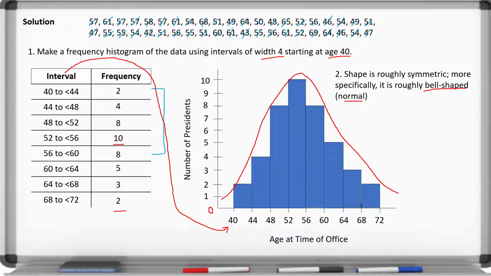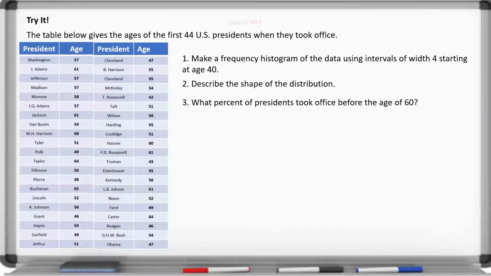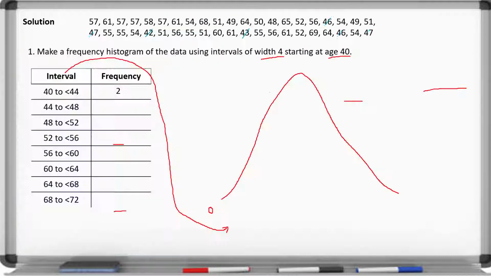All right, for the third part of the question, going back to the original slide, what percent of presidents took office before the age of 60?